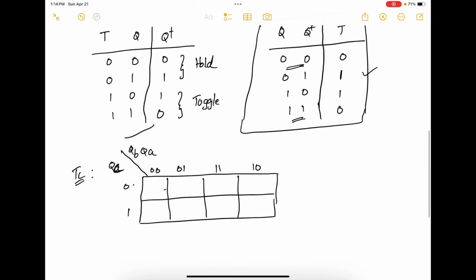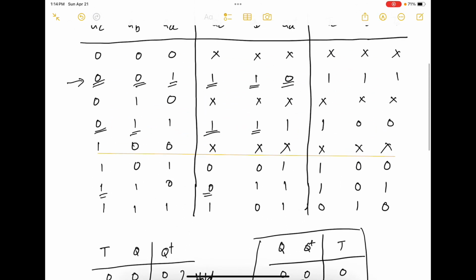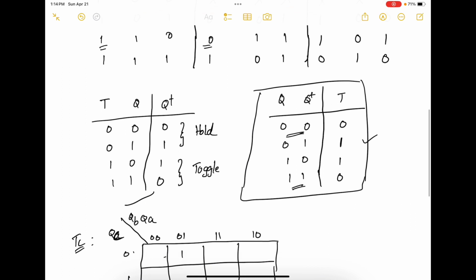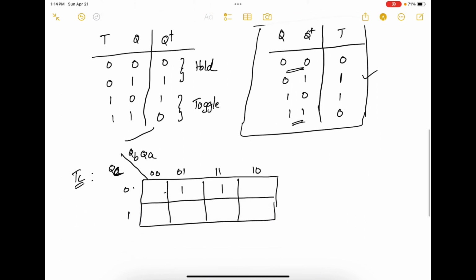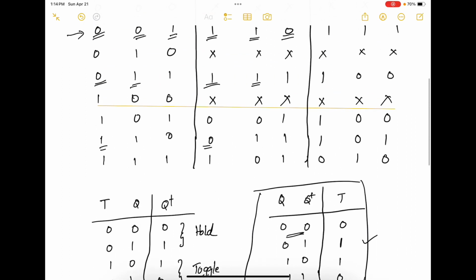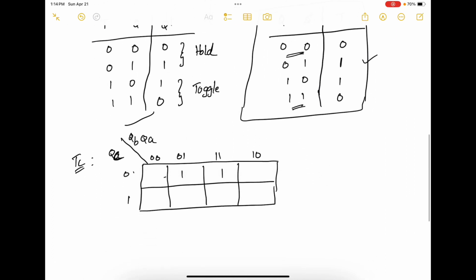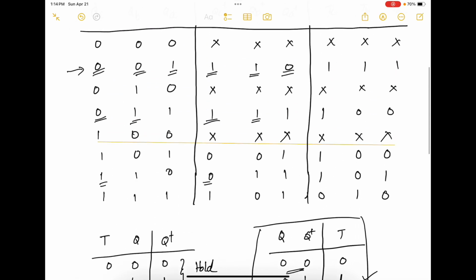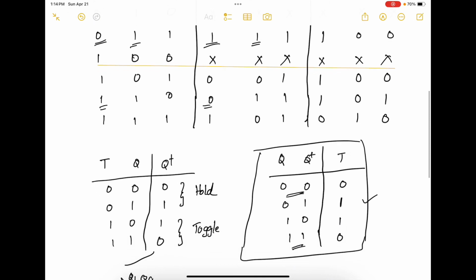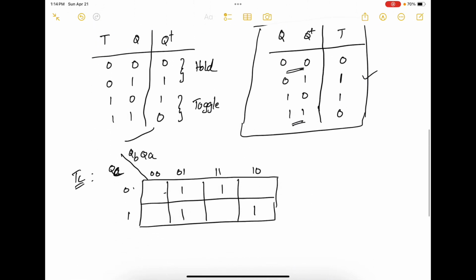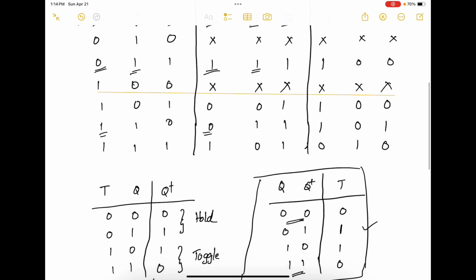So 0, 0, 1. It's also asserted for 0, 1, 1. And it is also asserted for 1, 0, 1 and 1, 1, 0. And it is don't care for 0, 1, 0 and 1, 0, 0.